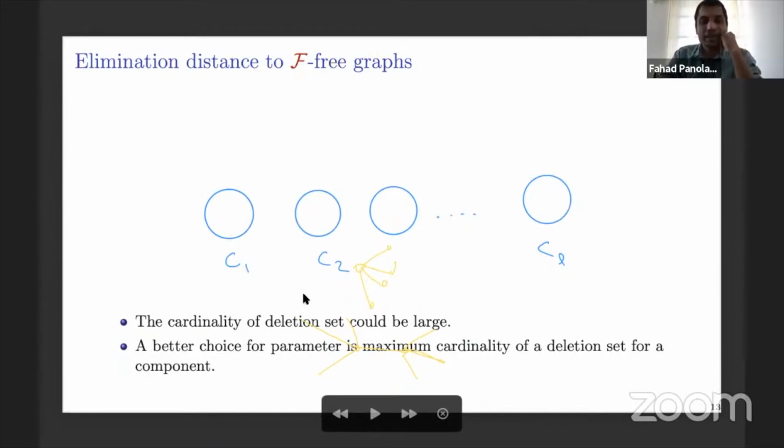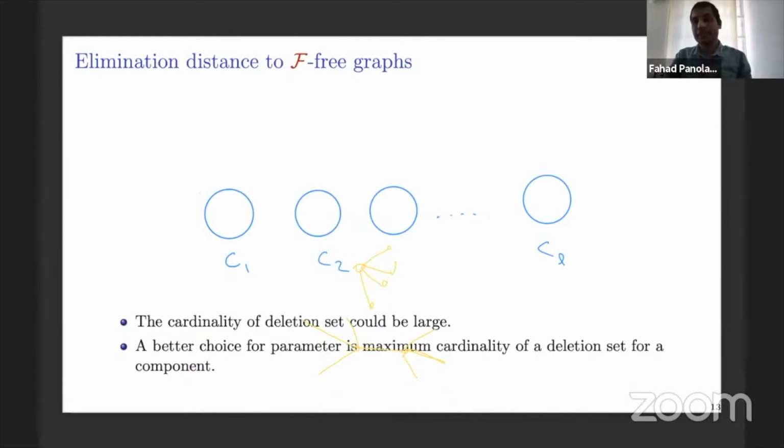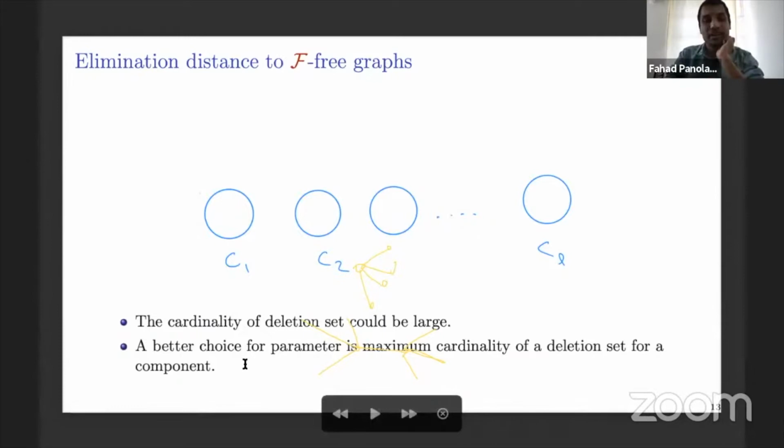So the better choice for the parameter is the maximum cardinality of a deletion set for a component, because for each of them separately you could try to solve, with the parameter being smaller than the deletion set size.